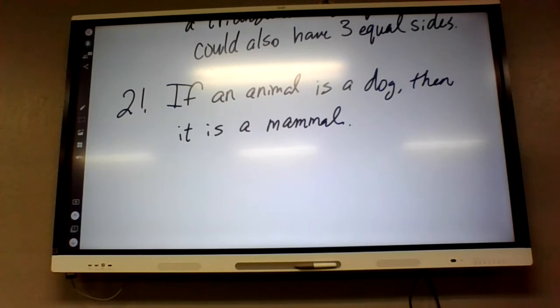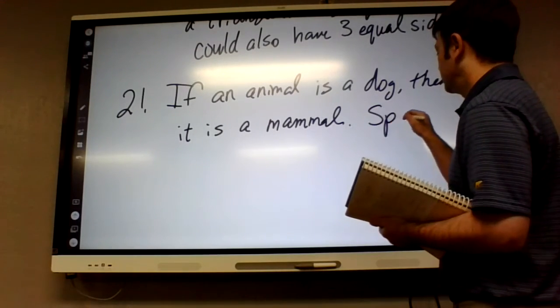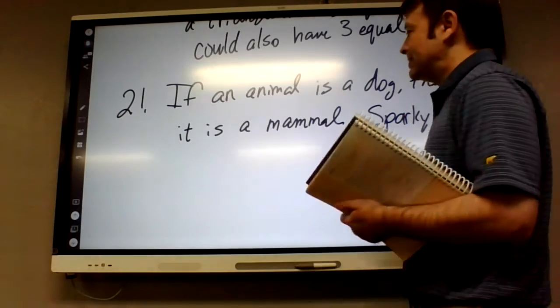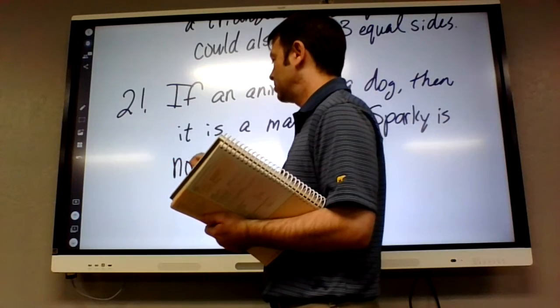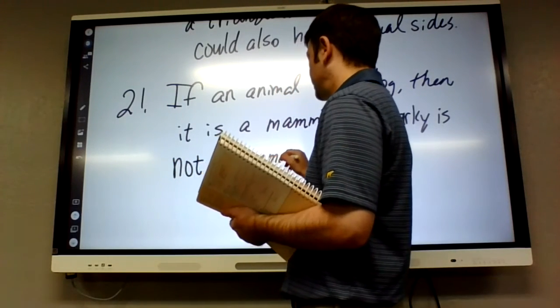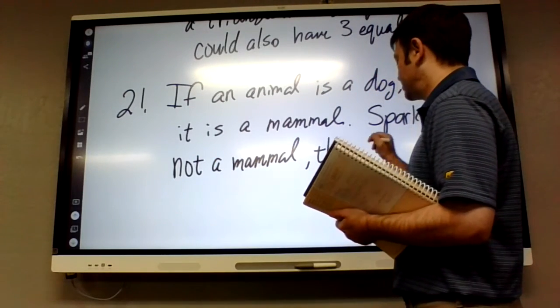Okay, now we're supposed to say something about Sparky. Do you guys see Sparky in the picture? What can we say about Sparky? Sparky is not a mammal because he's not in the mammal circle. Therefore, what else do we know about Sparky?